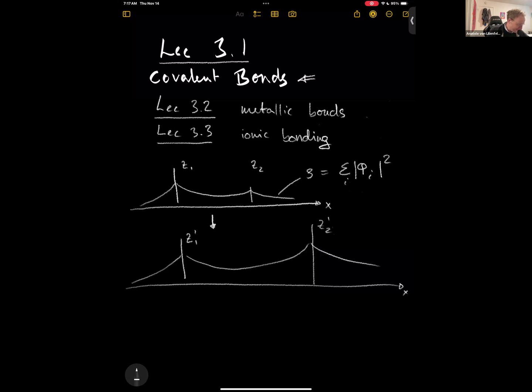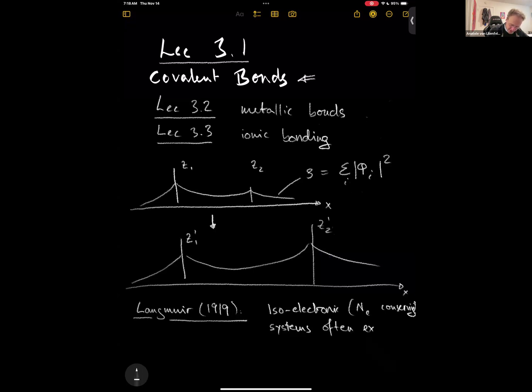Now, there is something introduced by Langmuir in 1919, who observed that isoelectronic, that means these are electron number conserving systems, often exhibit similar properties.